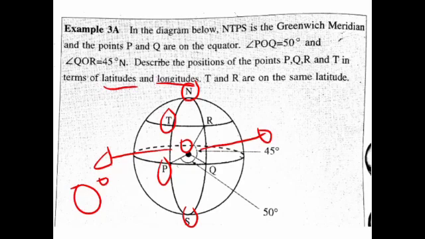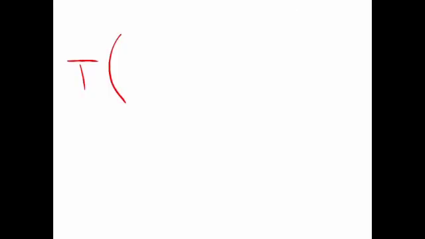That simply means that T is lying on latitude 45 degrees, and we can see that this latitude is heading toward the north. So it's 45 degrees north, comma.